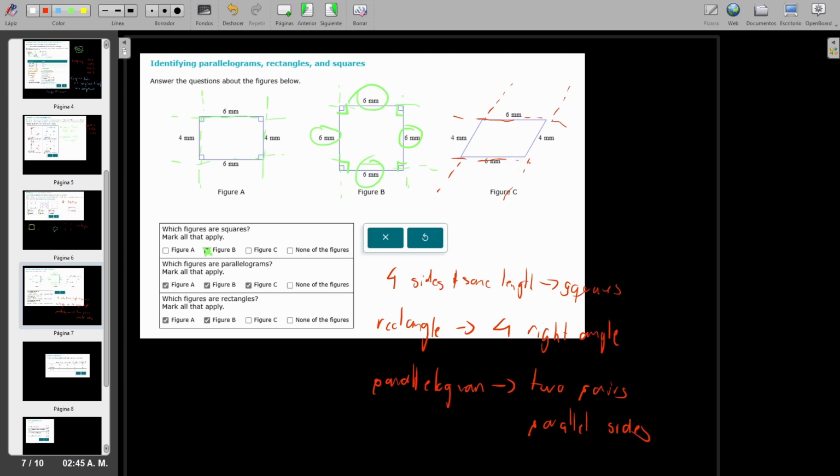So all three are parallelograms. Now rectangles, remember, four right angles. This one has four right angles. The second also has four right angles. But the third one does not, so the only correct answer is A and B. Okay?